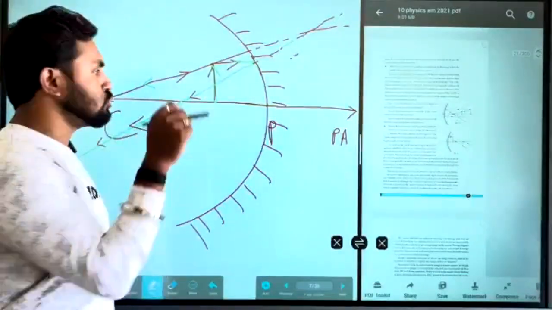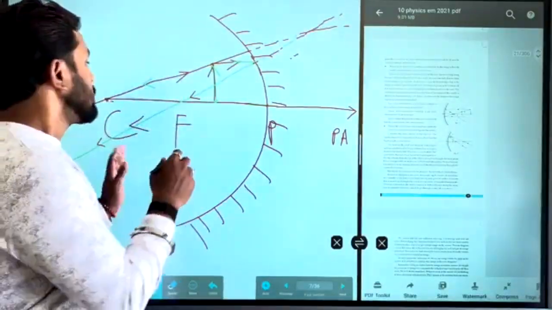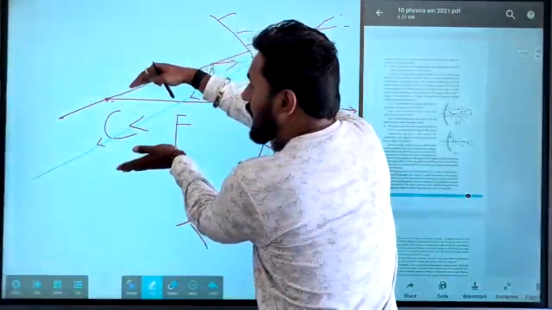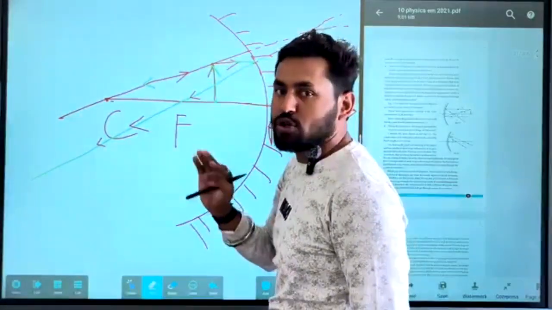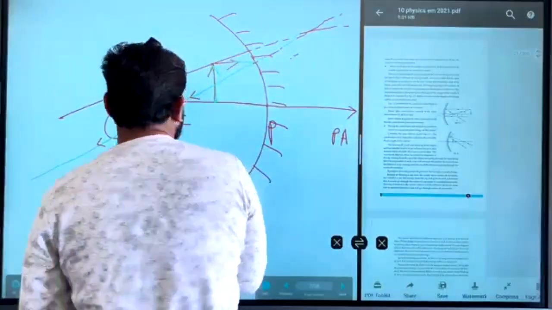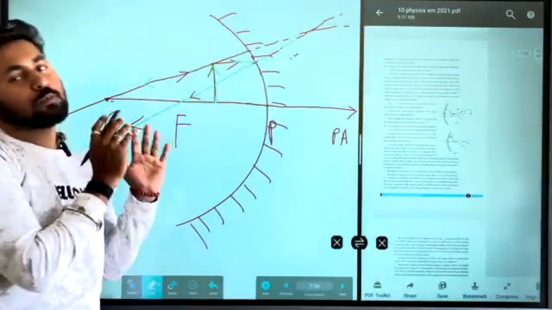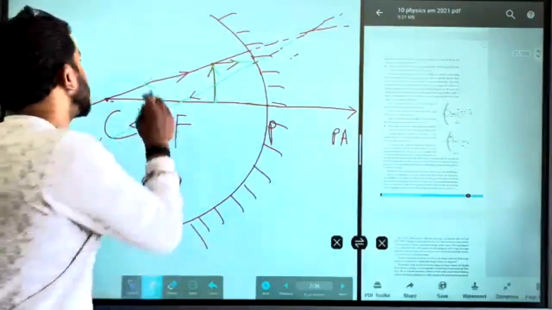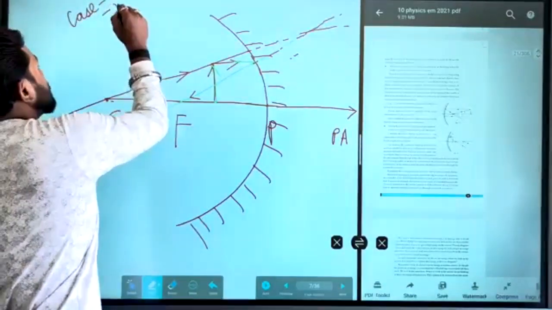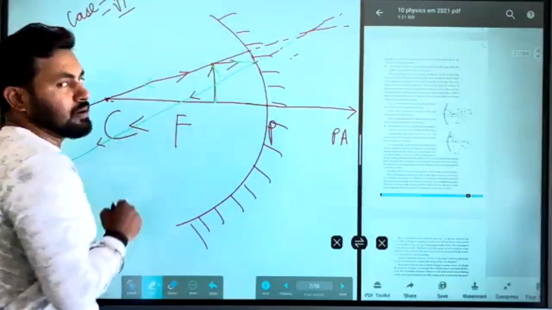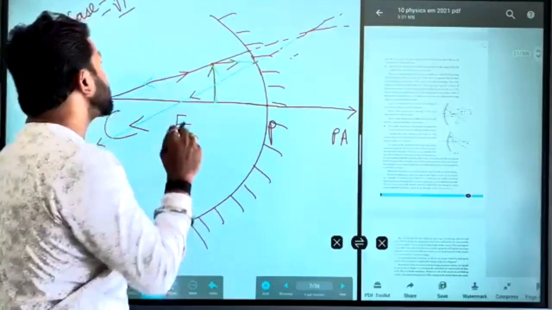Now do you see that the reflected rays which we have drawn over here are meeting somewhere? No, they are not meeting. But in this special case, that is the sixth case, case number 6, very important.